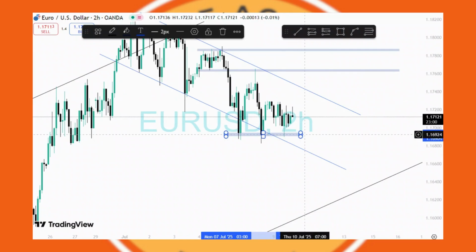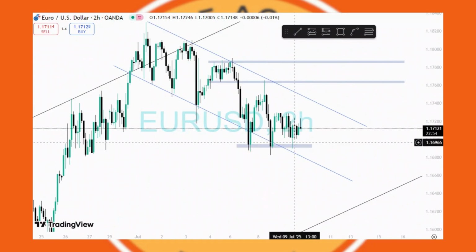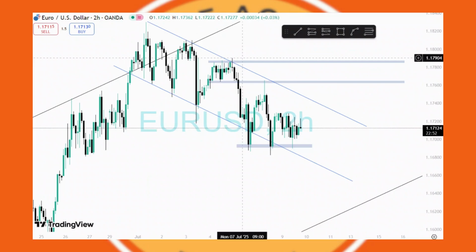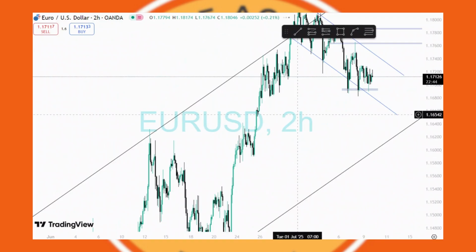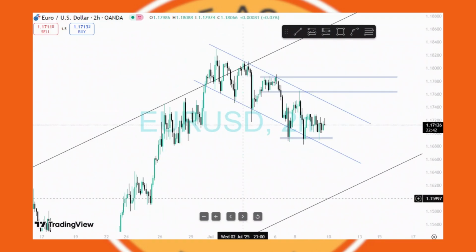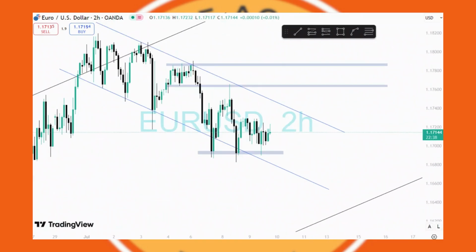Oh, okay, now it's a zone because we have another touch there. We have a zone, we have a zone, we have a zone. What else? I don't think there's much that we can spot here.